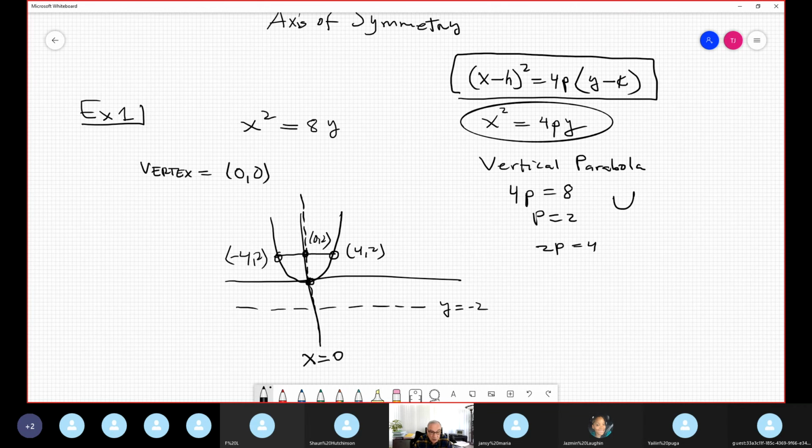In total, the focal diameter is 8 units because between -4 and +4 we have 8 units. This is approximately a rough sketch of our parabola. Okay? Let me check it in decimals to understand this idea much better.